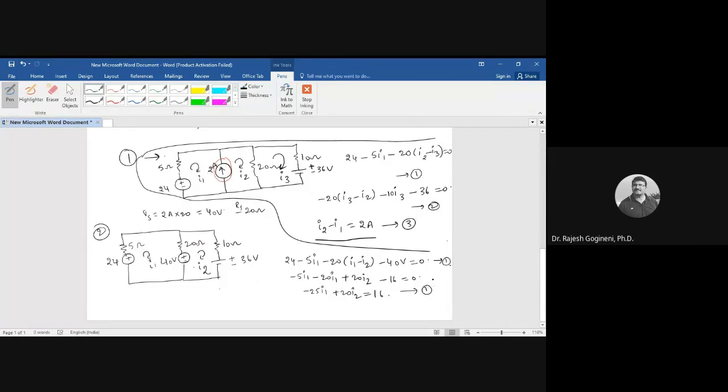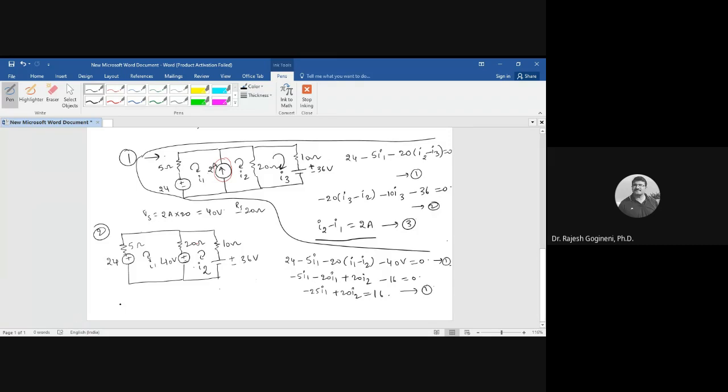By applying KVL to the first loop, we get minus 25I1 plus 20I2 is equal to 16. Right? Now apply the KVL for the second loop.